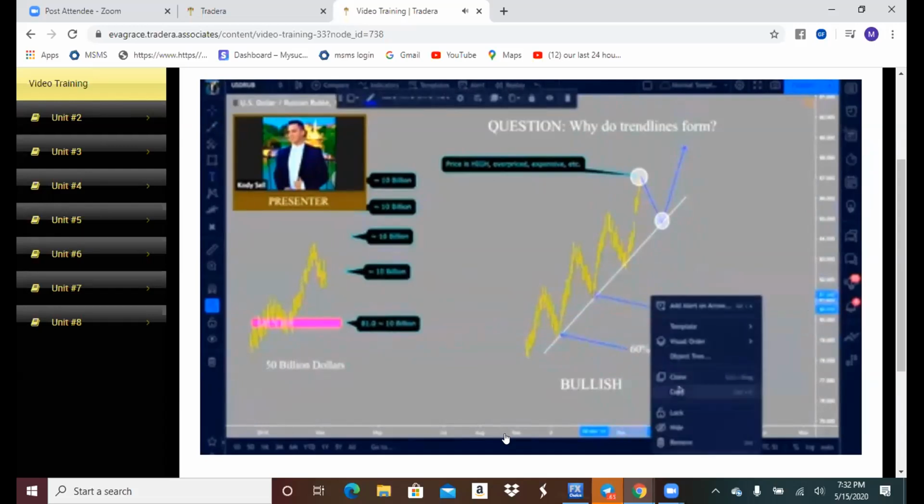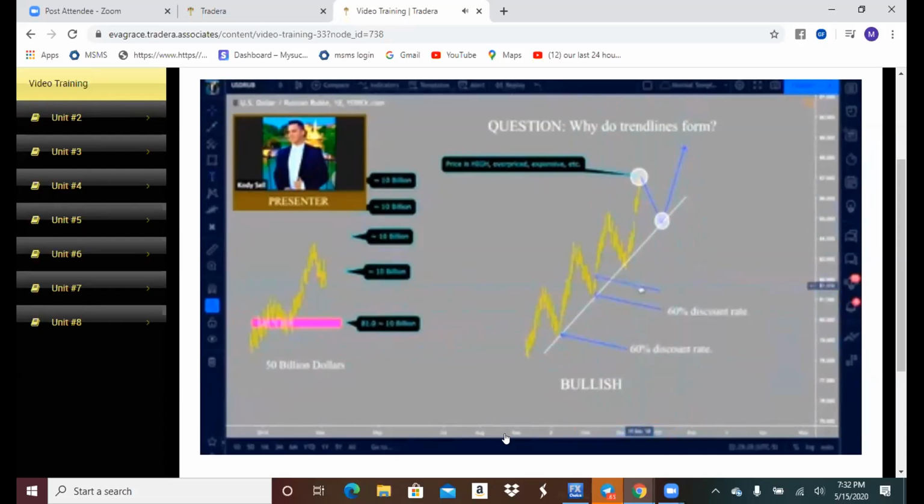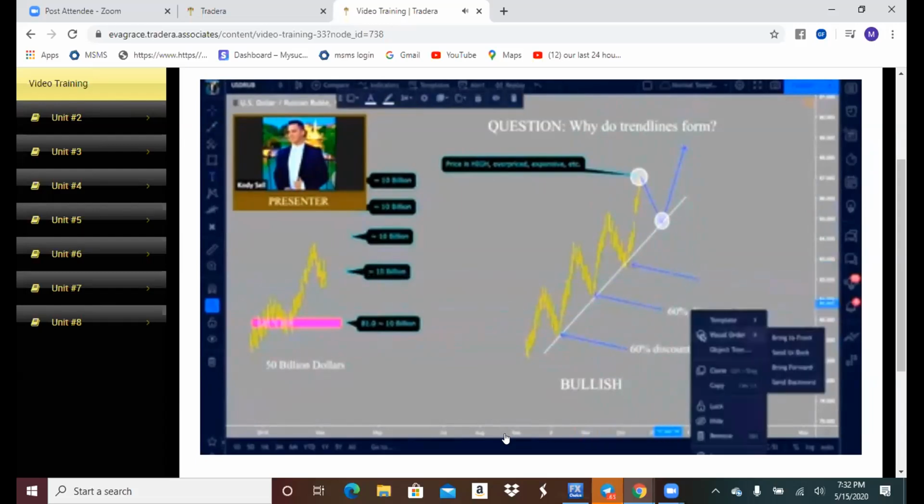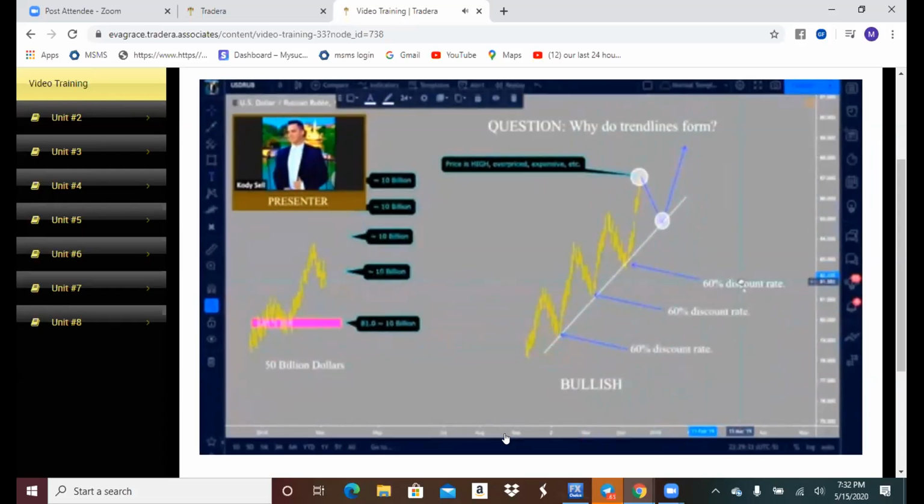Right here, 60% discount rate buy order. And this is what's driving the market in its bullish trend. It's supply and demand. They're coming in, filling their orders at specific discount rates that they've agreed upon, and thus you end up with a solid, reliable trend line that's showing you where they're coming in.